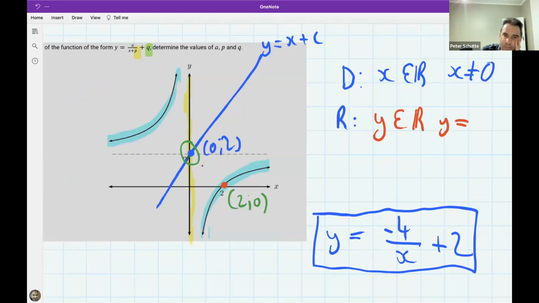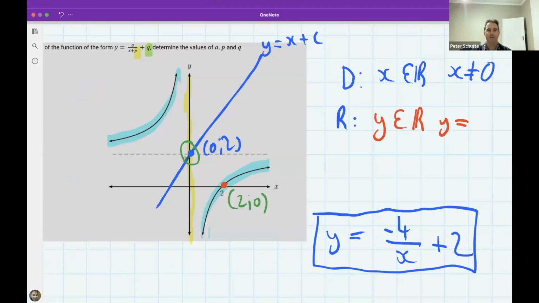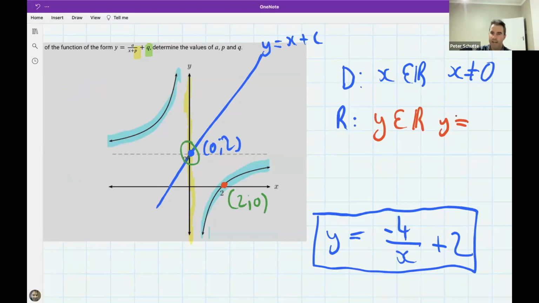Wherever there's an asymptote, so y cannot be equal to 2, because the graph itself cannot go across that dotted line. Okay, so that's a domain and range question.